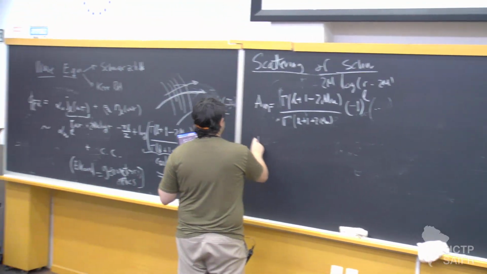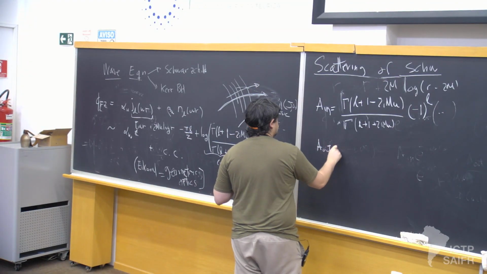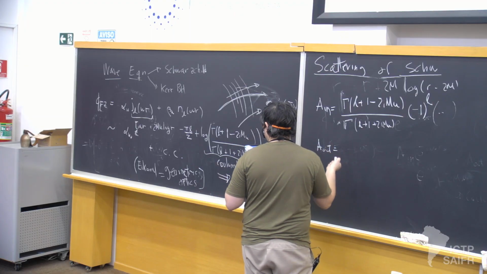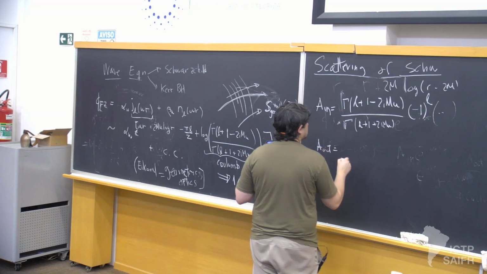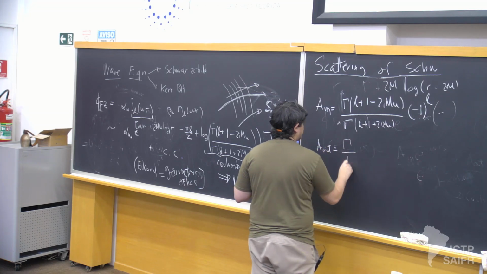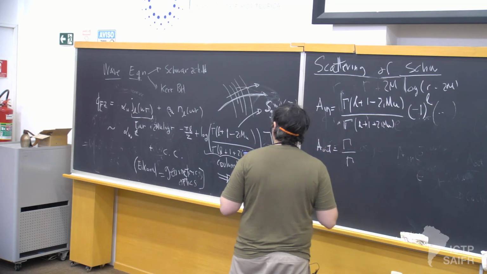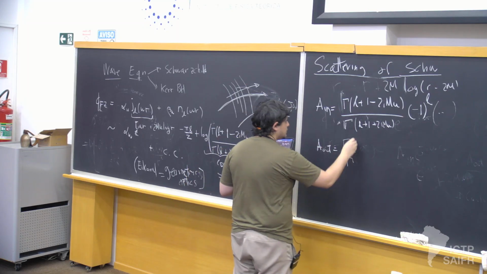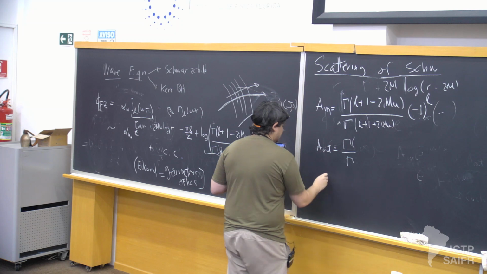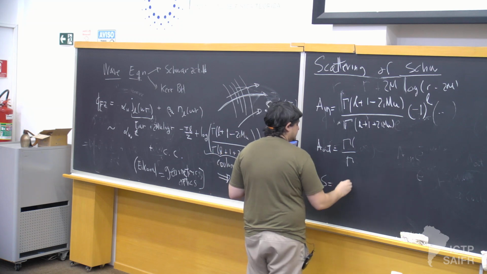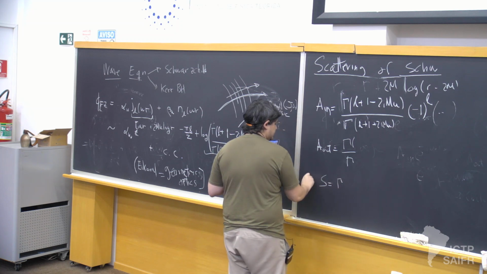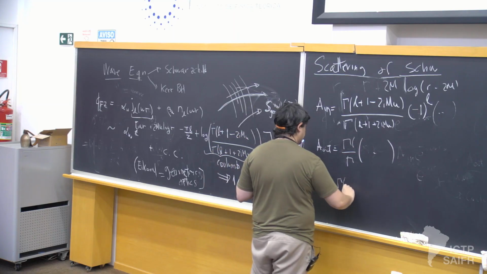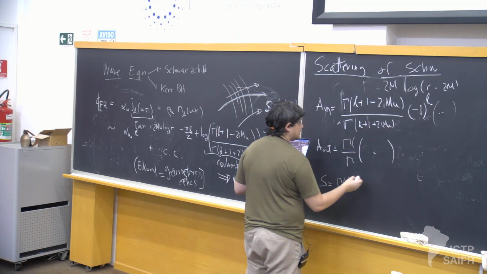In the other case, I just get the complex conjugate part. So I'm going to have gamma gamma again, but note that they don't cancel because I'm going to complex conjugate. So when I compute my S matrix, I'm still going to have the Coulomb phase, which is good because that's exactly a phase.